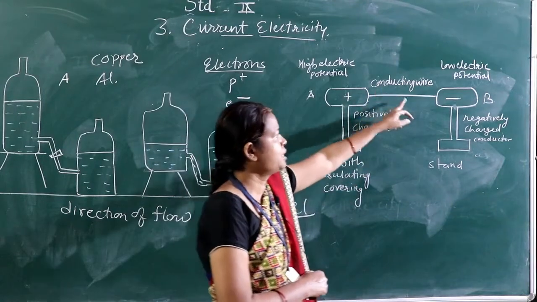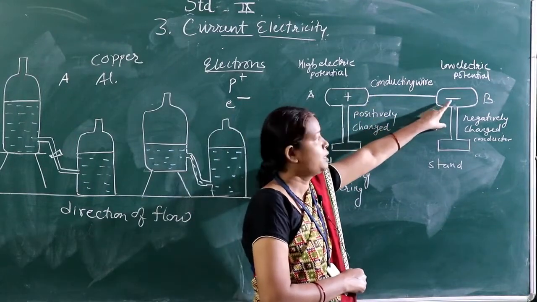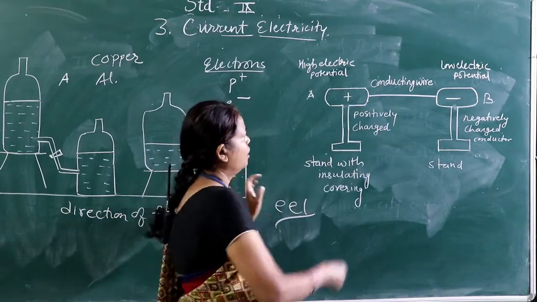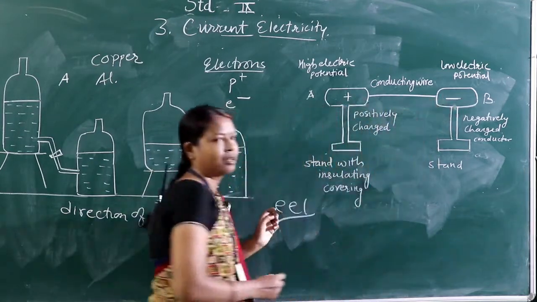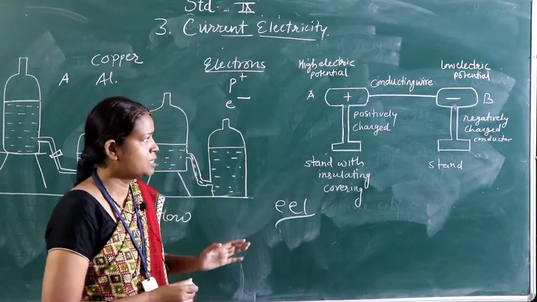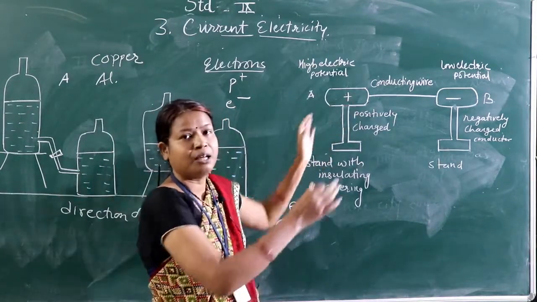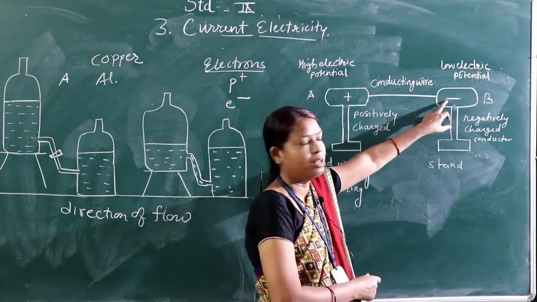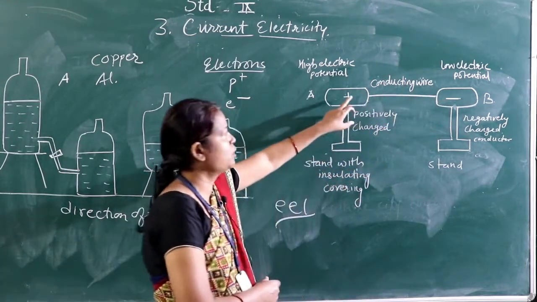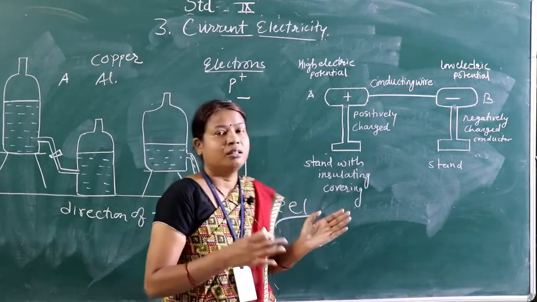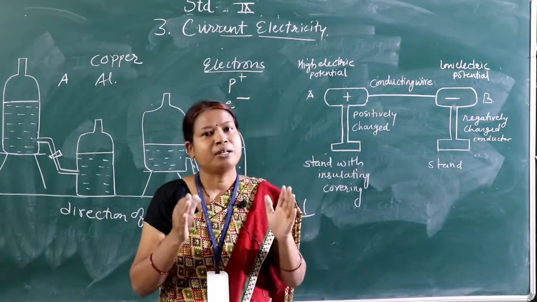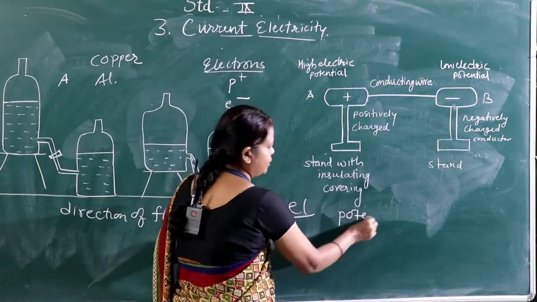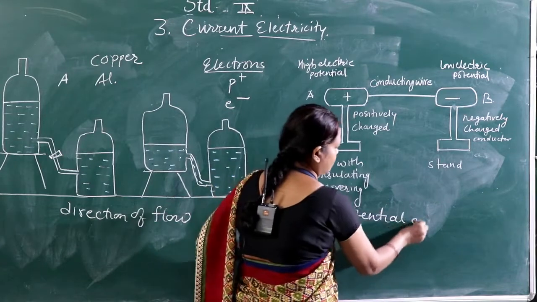A conducting wire can carry electric current from the negative terminal to the positive terminal. The flow of electrons continues until the charge on both terminals becomes equal, meaning the negative charge travels toward the positive charge. When the charge on both terminals becomes equal, we can say that our potential difference becomes zero.